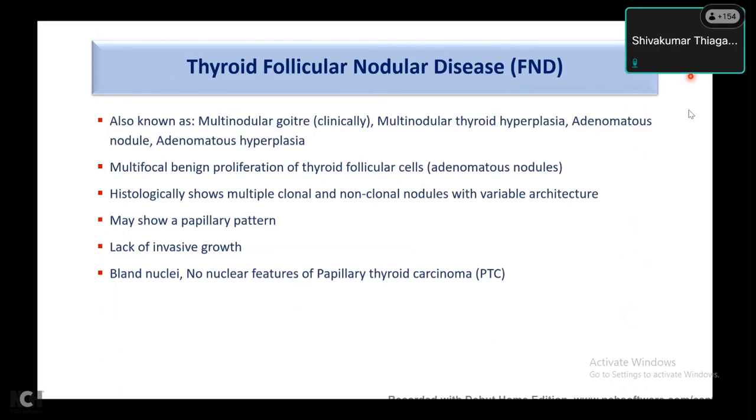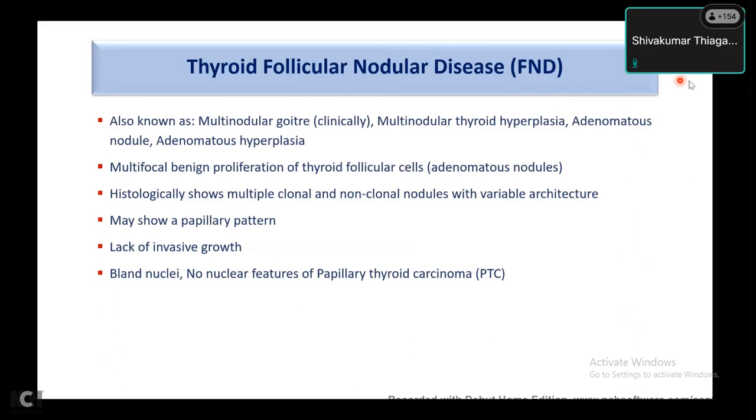Yeah, so this is a new term. I'm not sure if everybody would be well versed with the new classification that WHO 2022 has come up with. So I would say that the large majority of surgeons would probably not be familiar with this, as of today.